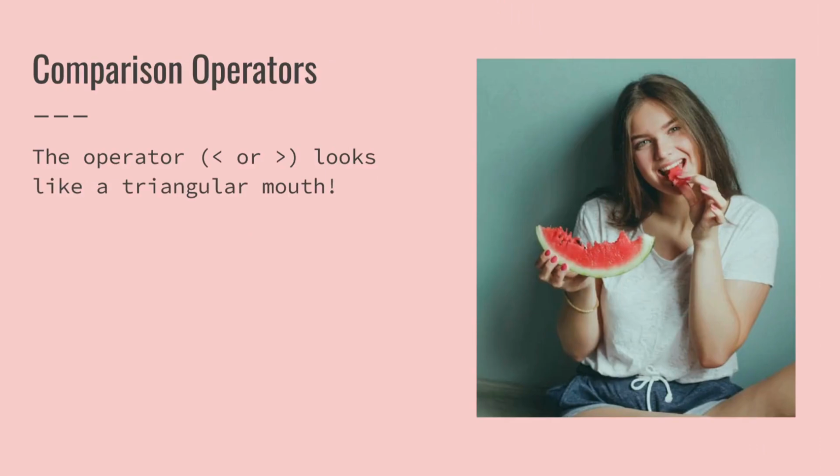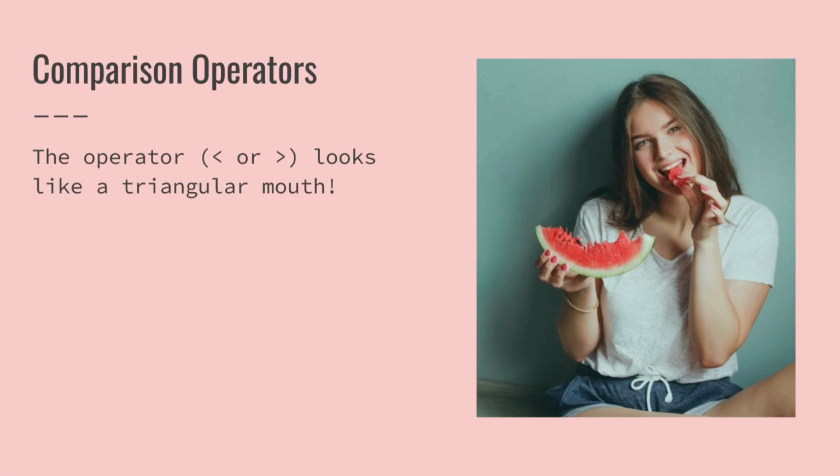Now, a thing about the comparison operators, the ones used specifically in the greater than, less than operations, is that to me it kind of looks like a triangular mouth that is open towards the value that it wants to compare to see if it's higher, if it's the bigger value. That's kind of how I like looking at it, but it's something really funny, I would say.